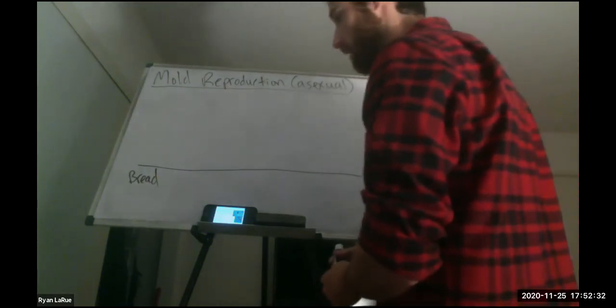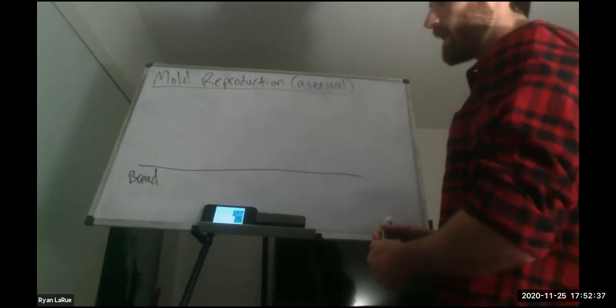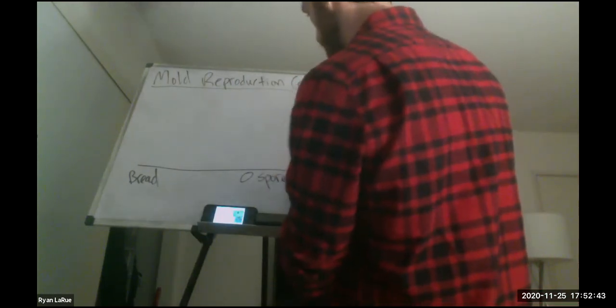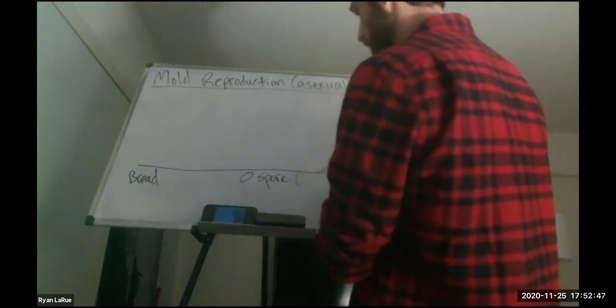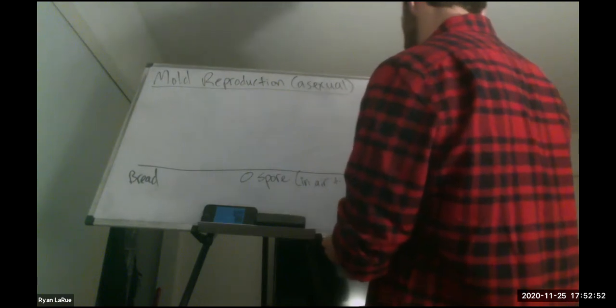And so spores are floating around, and one lands on the piece of bread. So this is our spore. And just so it's in your notes, spores are in the air and the water.